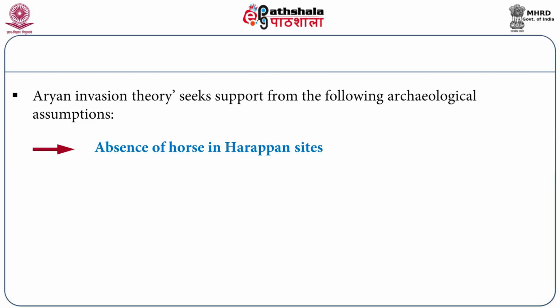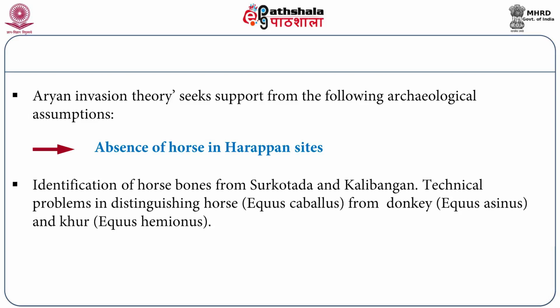One is absence of horse in the Harappan sites. Identification of horse bones from Surkotada and Kalibangan has created some contrary views. However, there are technical problems in distinguishing horse from donkey and other species.